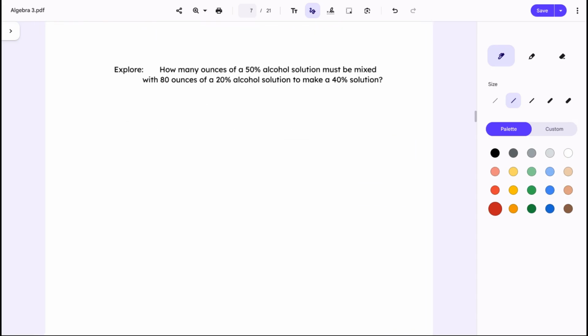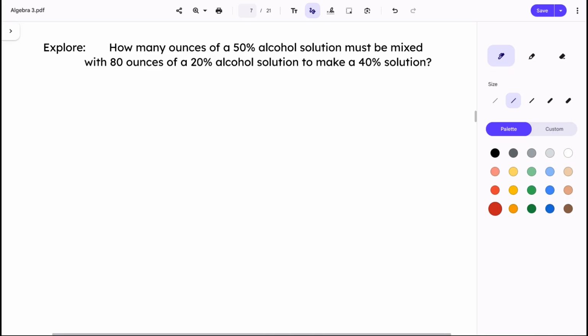We've got one last example here, and it's similar to what we just talked about. We're mixing percentages here. I'm going to help you get your chart set up, and I'll give you a little bit of time to see if you can set up your equations and solve it. So I'm just going to draw out a chart like what we had on the last one.